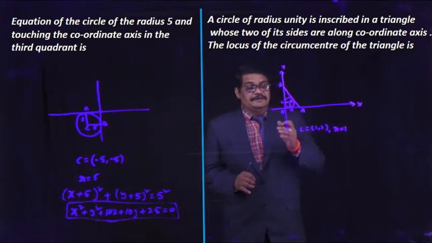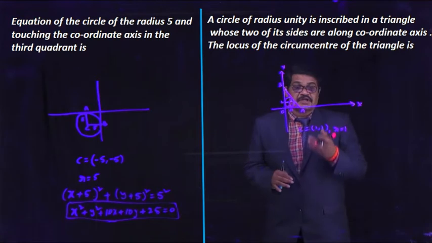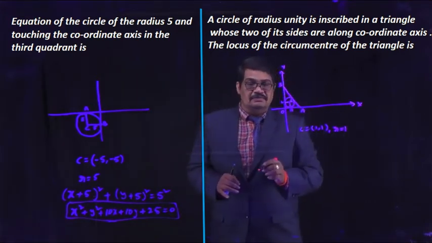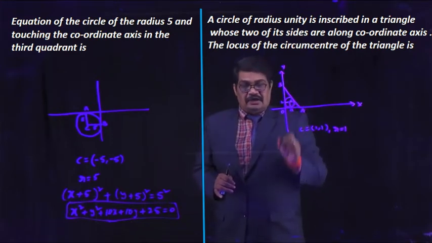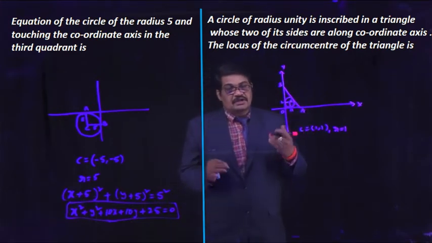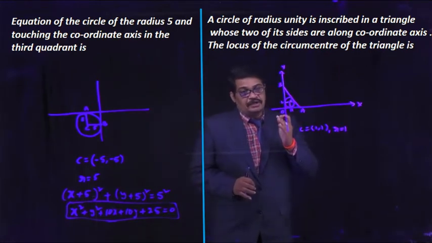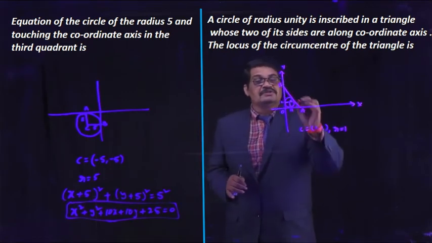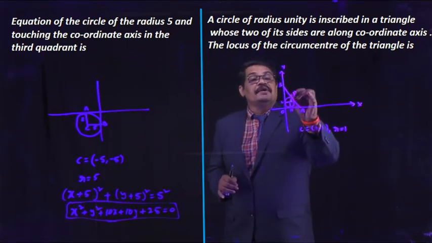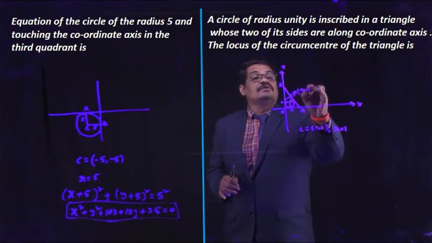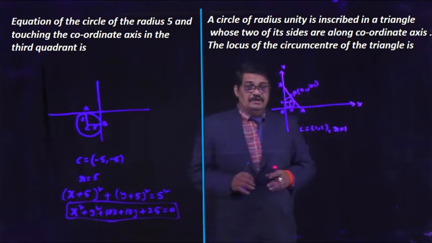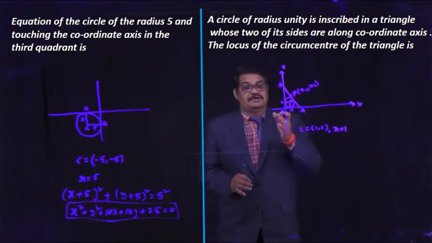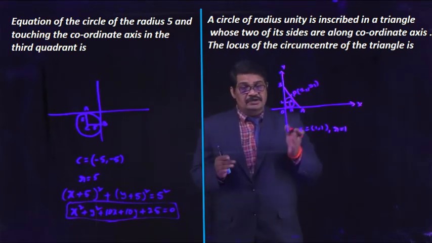Now we write the locus of the circumcenter of this triangle OAB. What is it here? A right angle triangle. In a right angle triangle, what is the circumcenter?